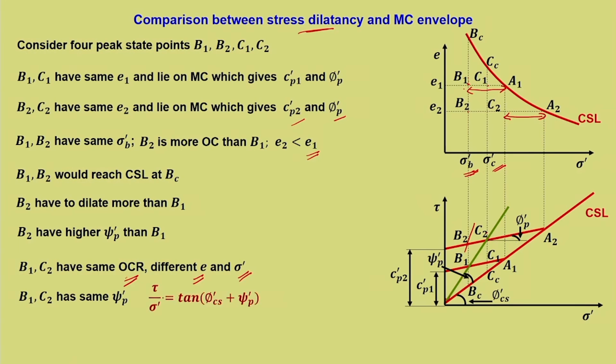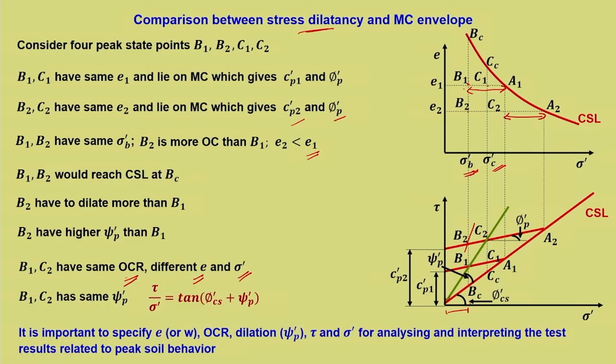which can be represented by tau by sigma dash is equal to tan of phi dash Cs plus psi dash P, because this tau divided by sigma dash ratio remains same for both B1 and C2 because the dilation angle psi dash P is same for both.